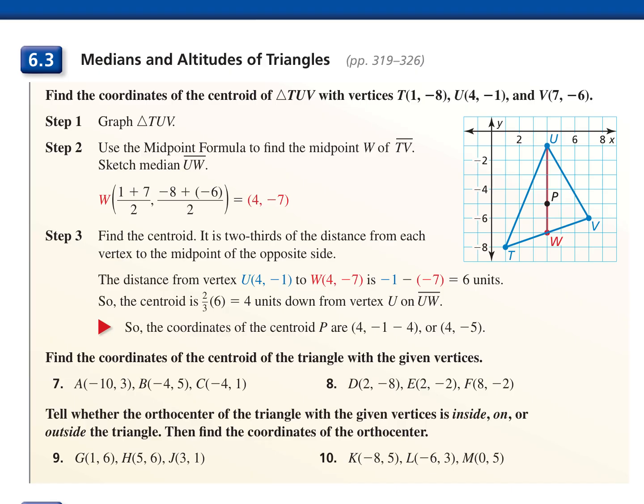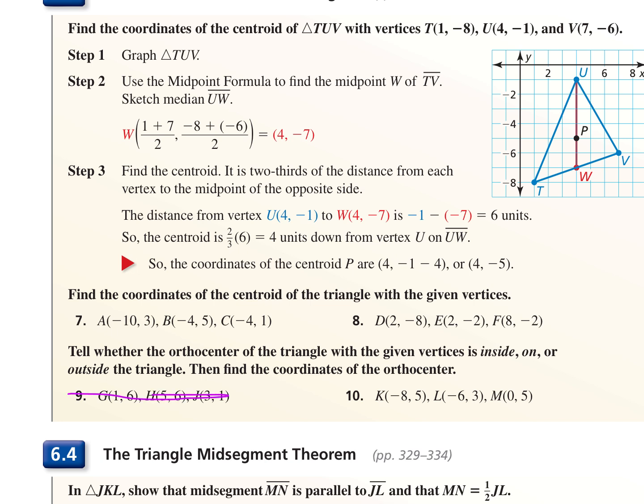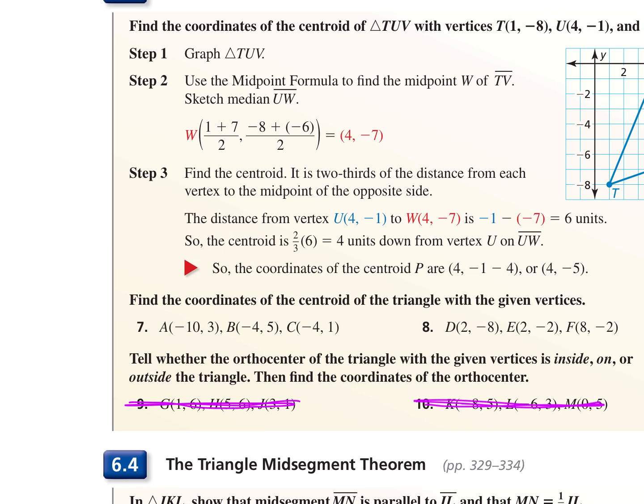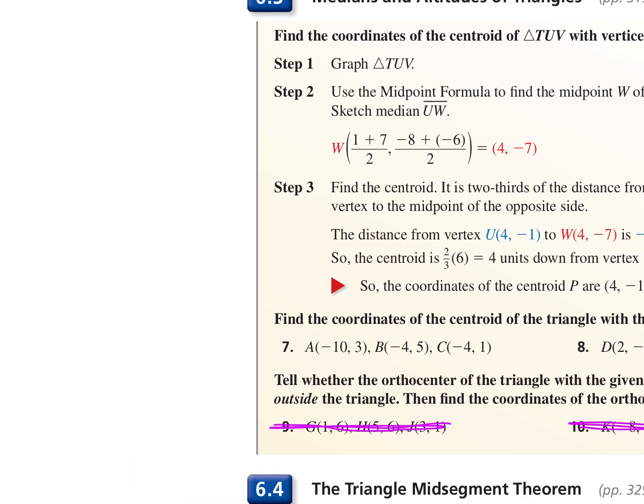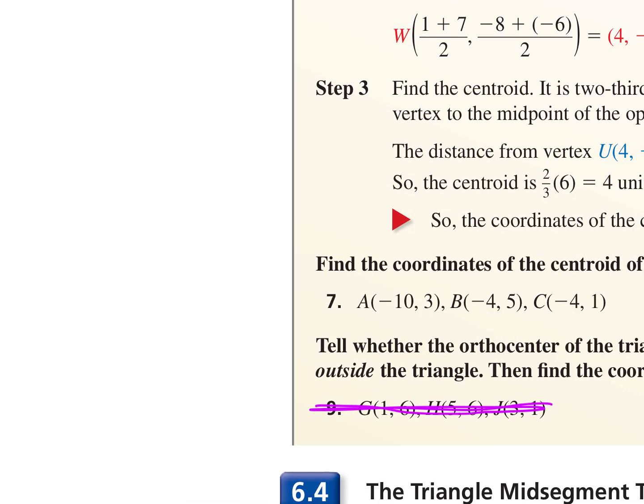All right, 6-3. Looking at 6-3, you had to do 7 and 8. You did not have to do 9 and 10, so I'm going to cross those out. So 7 and 8, it's asking find the coordinates of the centroid of the triangle with the given vertices. When you see that you're finding coordinates for a centroid, yes, you can use the trick. Looking at 7, I'm going to have -10 plus -4 plus -4 divided by 3, and then 3 plus 5 plus 1.